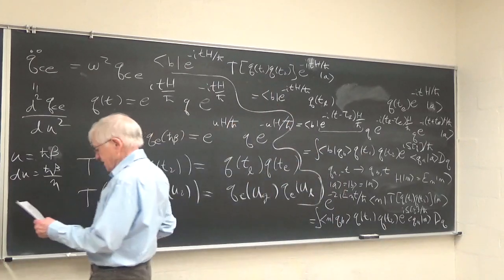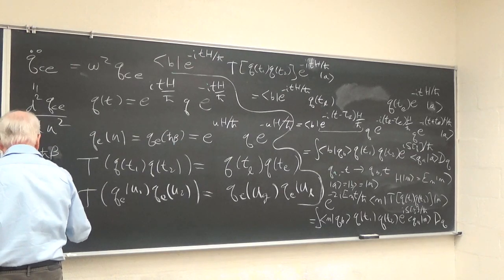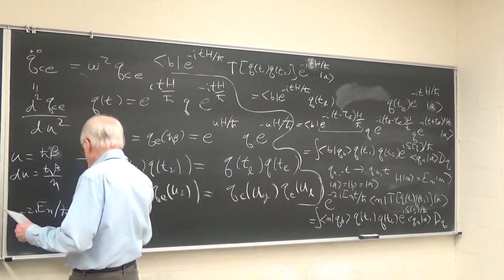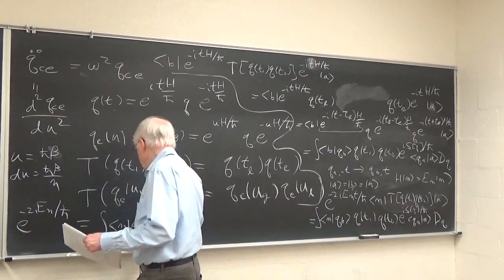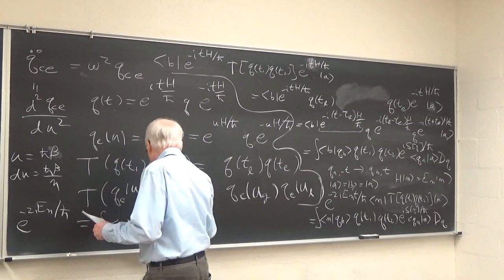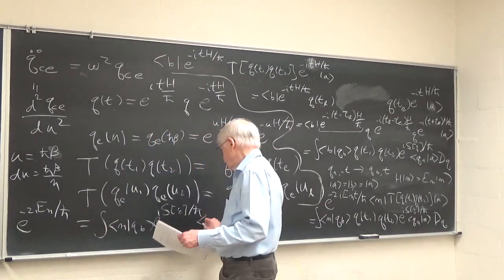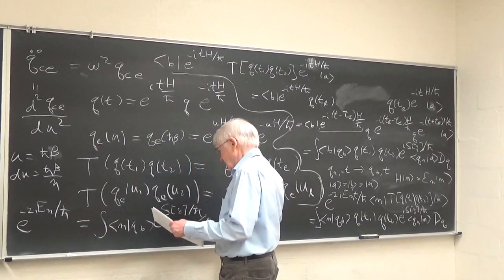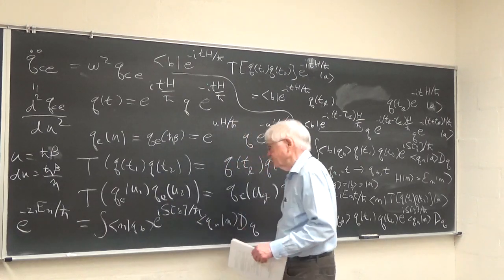In that case, the equation is e to the minus 2I En over h bar is an integral of n qb e to the I s of q over h bar qa n dq.